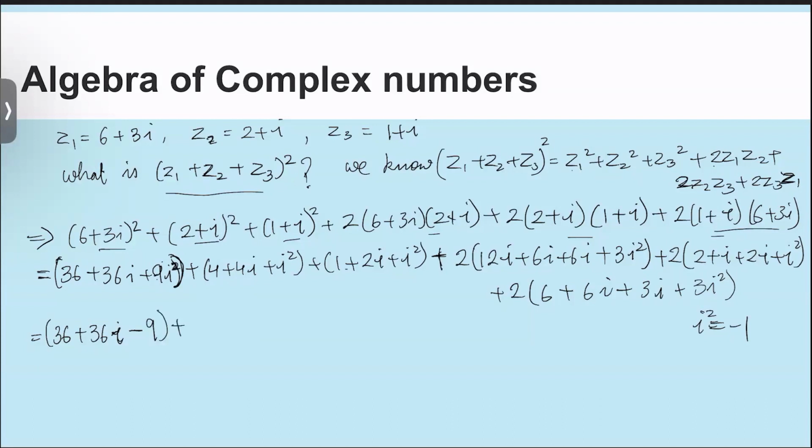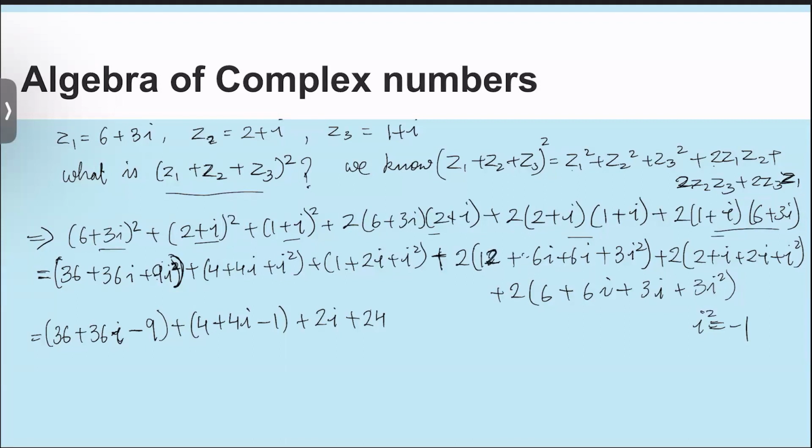The next one you have 4 plus 4i, this is minus 1, then plus over here you get minus 1, so minus 1 and 1 gets cancelled, so what you're left with is 2i. Okay, and now expand this, you get 12. This is actually not 12i, this is just 12. So this is 12 plus 6i.